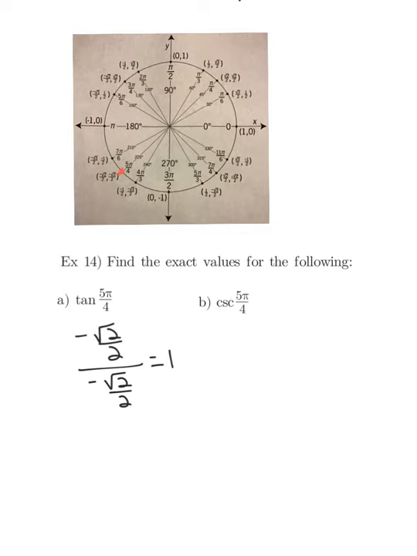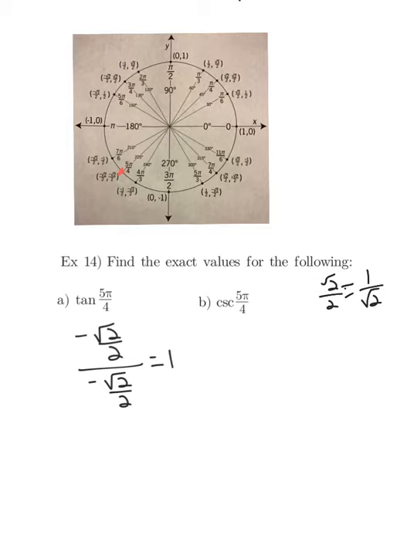The cosecant is the reciprocal of the sine. The sine value is the y-coordinate. Our y-coordinate is square root of 2 over 2. But remember that square root of 2 over 2 came from 1 over square root of 2.